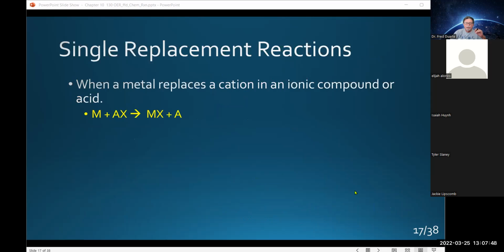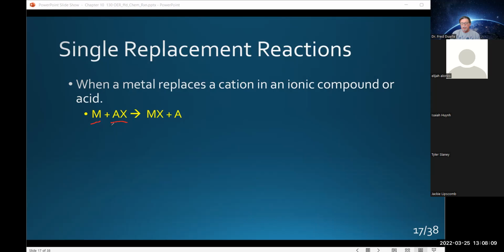All right, so now we get to the single replacement reactions. This is where we start off with an elemental metal, denoted here by the letter M, and then a metal which is in ionic form.